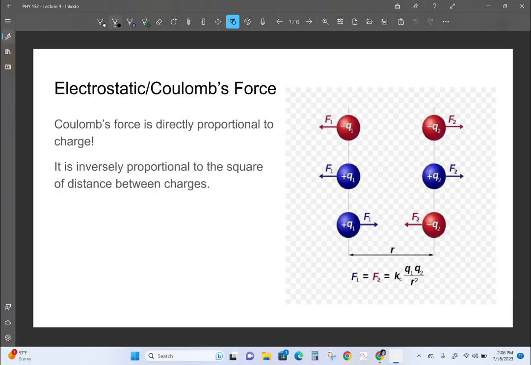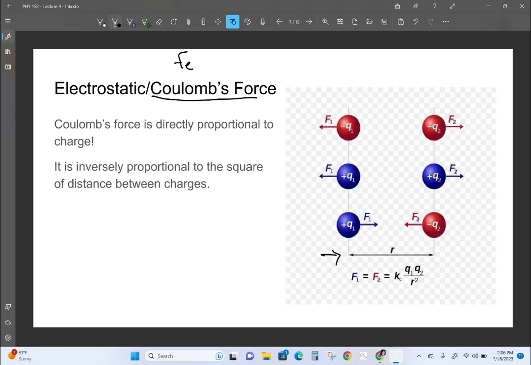So that means that obviously if you can induce charge and charges attract and repel, that there's a force acting on those charges, and that force is called the Coulomb's force. We're going to call it Fe as our symbol. And it turns out that when you have two charges that are separated by a distance r, the symbol for charge is Q, so we're going to call this Q1 and Q2, and the distance between them is r.